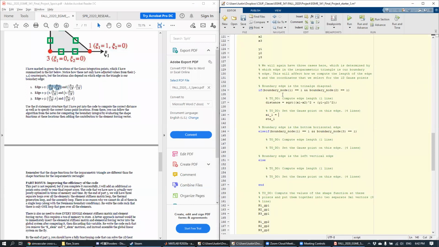The way we're going to do this is we're just going to plug in that expression. xi1 is square root of 3 minus 1 divided by 2 times square root of 3.